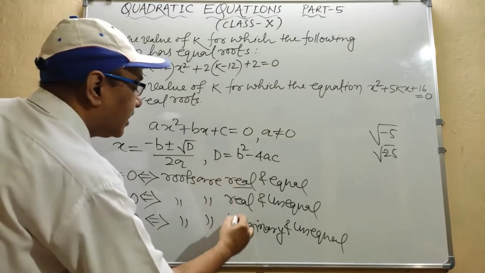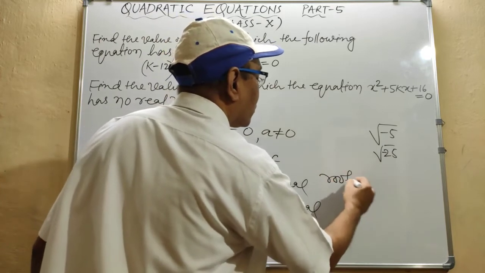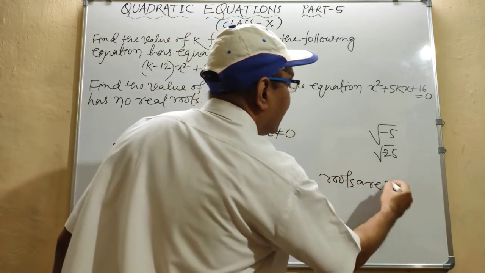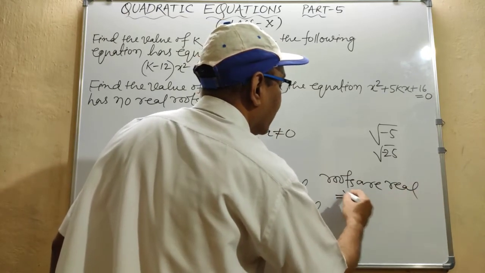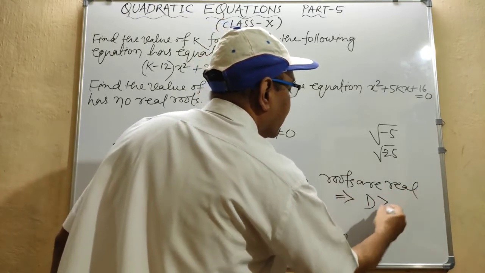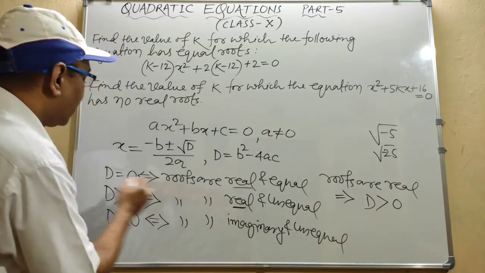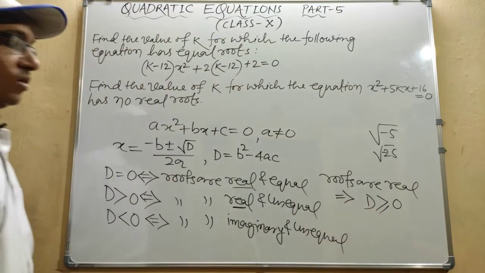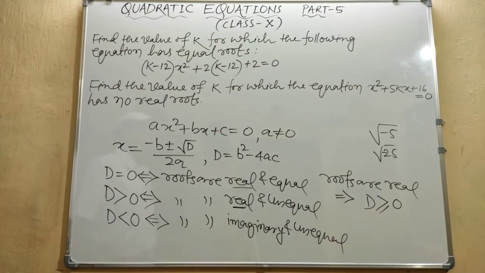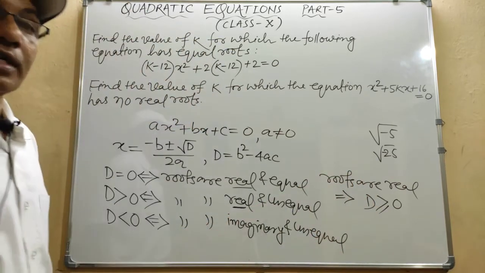रियल खाली बोलने से ये दोनों केस में रियल होता है. रूट्स आर रियल खाली अगर बोलते हैं, इक्वल और अनइक्वल वाटएवर इट में बी. रियल कब होता है? जब d ग्रेटर देन 0, इसमें रियल होता है. और कब होता है? जब d इक्वल टू 0. सिर्फ अगर बोला जाए कि when roots are real then discriminant is either greater than 0 or equal to 0.